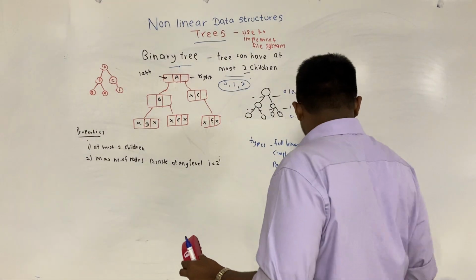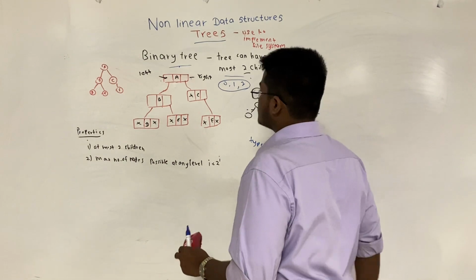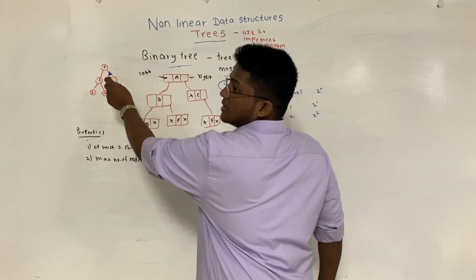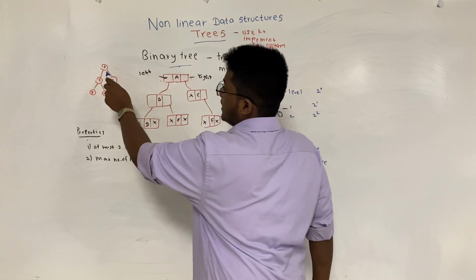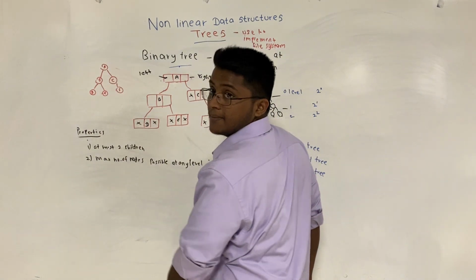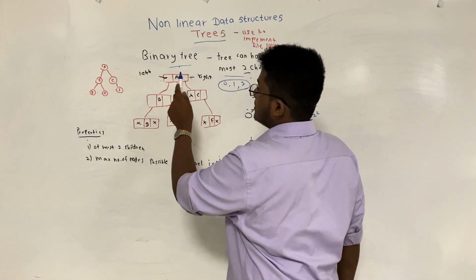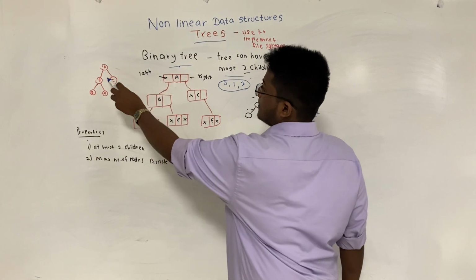So here there are A, B, C, D, E, F, right? In A there is a left subtree B, right?